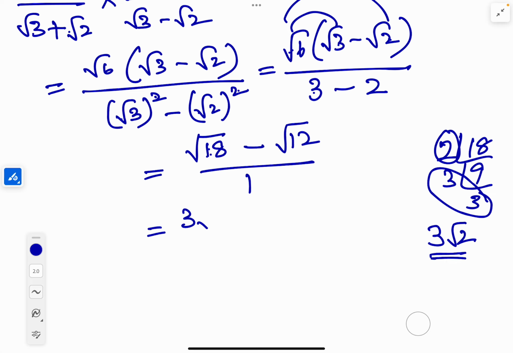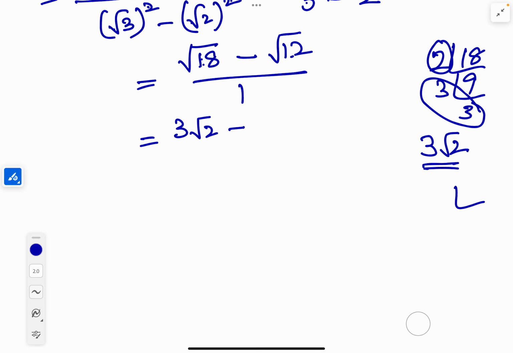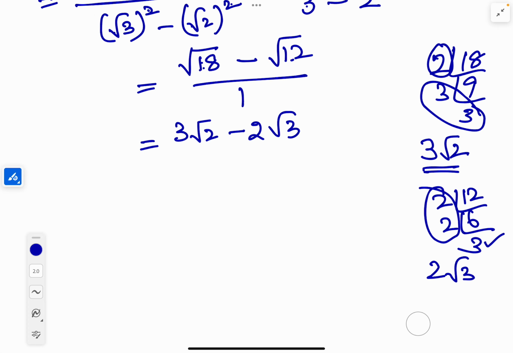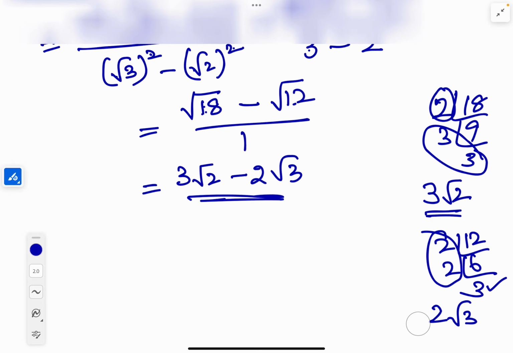So I will be writing here 3 root 2 minus, what is root 12? Same thing. What are the factors of 12? 2 6 times, 2 3 times. So 2 is making a pair. So write 1 time 2 and which is without pair, write within the square root. So it will be 2 root 3. By 1 I need not write. So we got this 3 root 2 minus 2 root 3.